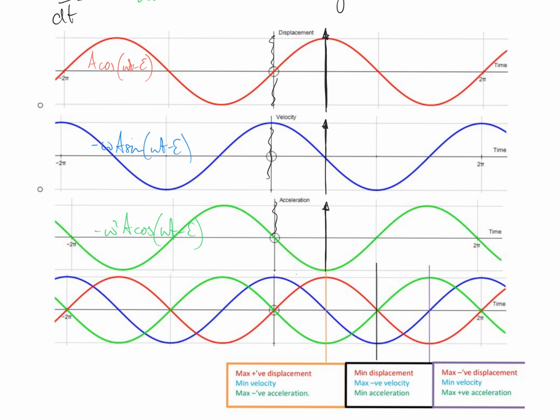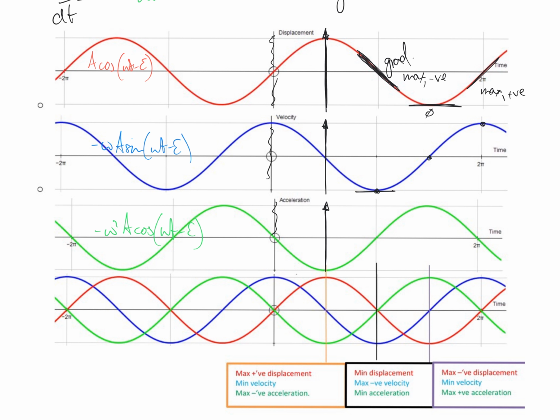At any point, let's imagine I take this point here. Oops, that's a terrible line, but the gradient is maximum negative, which is that point there. Good. The gradient is 0. The gradient here is max positive, which is that point there.